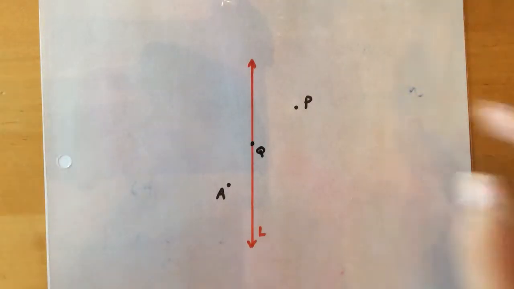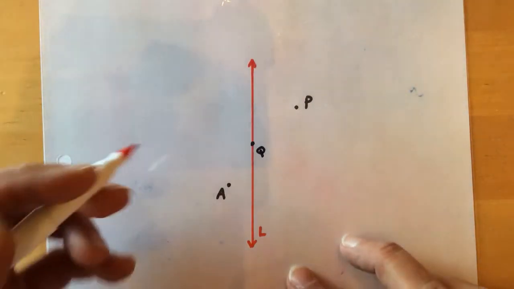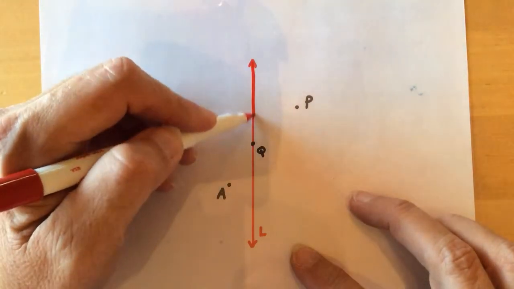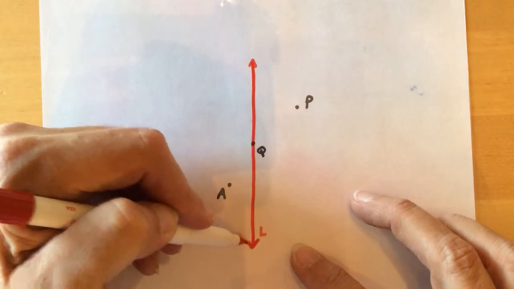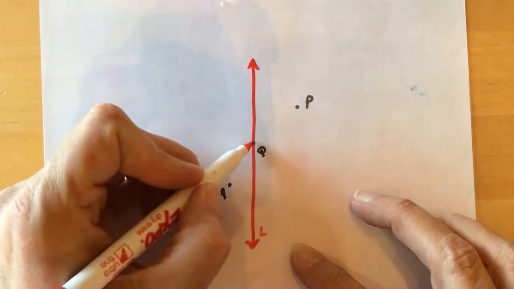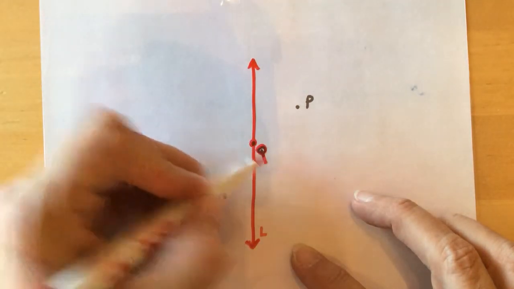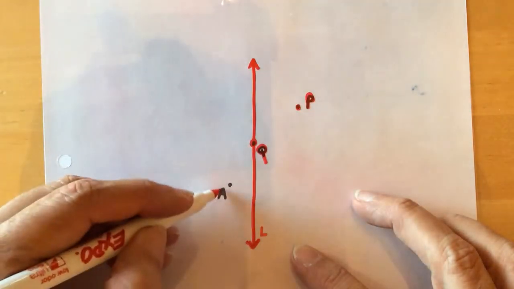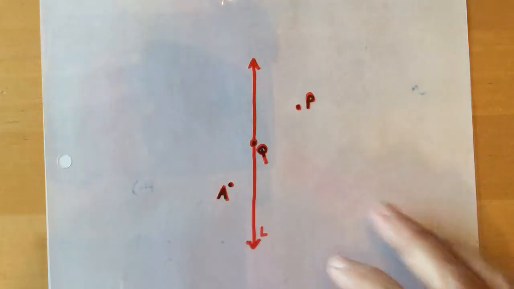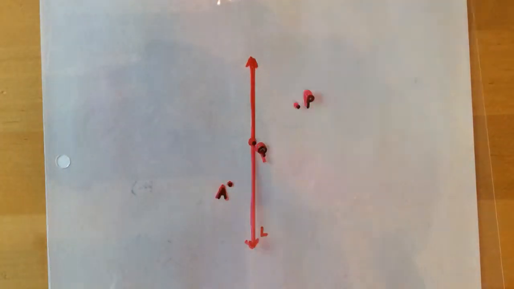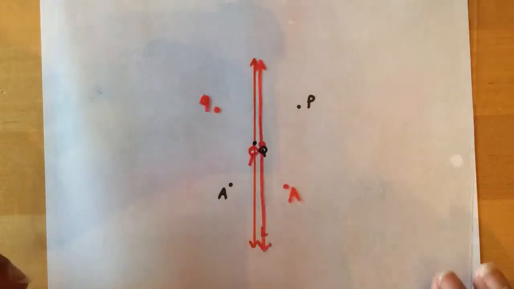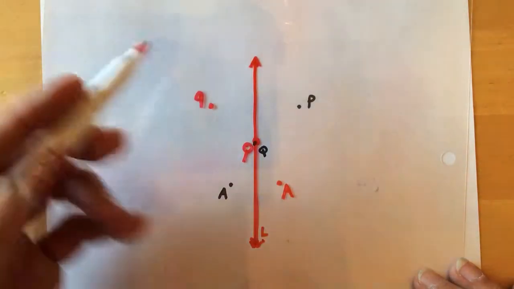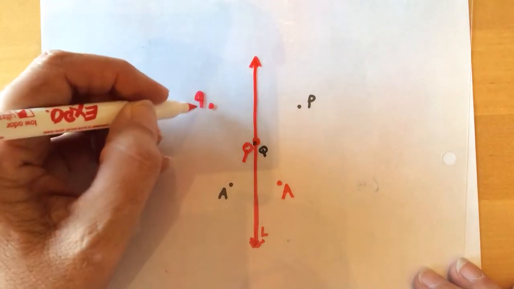And the first thing that we can see right off the bat, if I want to take the reflection of this diagram here, I'm going to draw my line of reflection or trace it on my paper. I'm going to trace line, point Q, point P, and point A. And if I reflect this about line L, then I can see that the image of P becomes P prime.